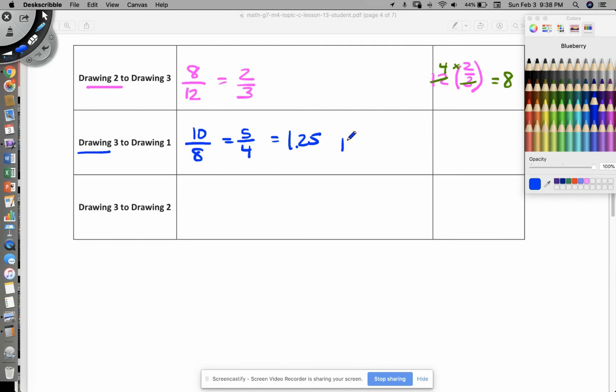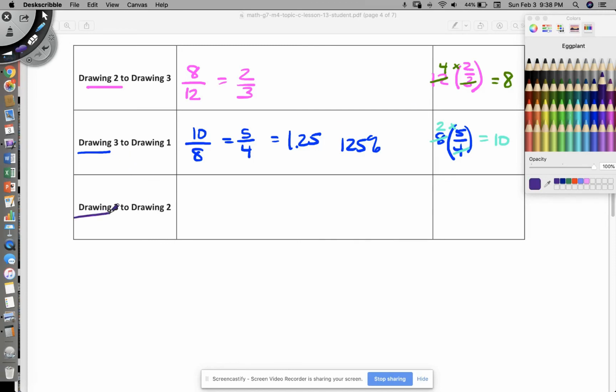That as a percent is 125%. Now to write our equation, I actually see something kind of ahead of time here. I'm multiplying by 8. So if I keep the fraction instead of writing 1.25, I notice I can do something here. My 4 cancels with my 8 2 times, and I get 5 times 2, which gives me 10. So sometimes it's easier just to keep the fraction answer.